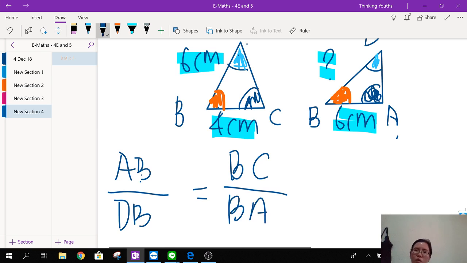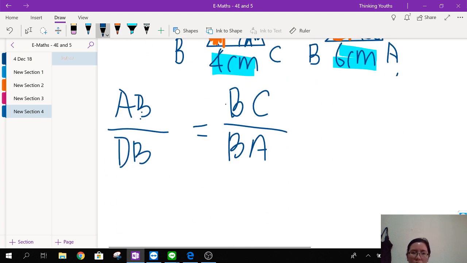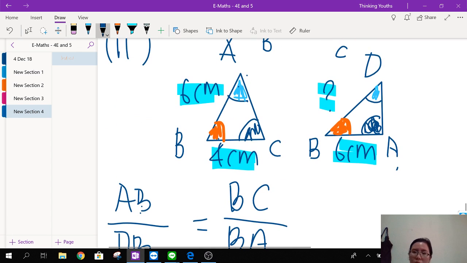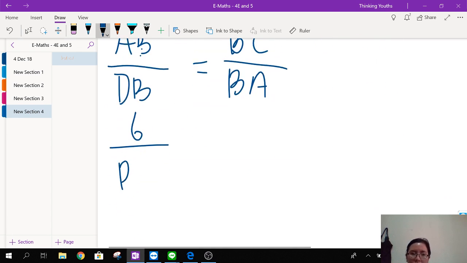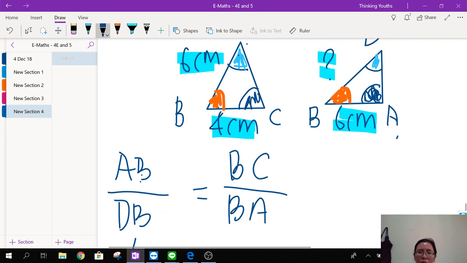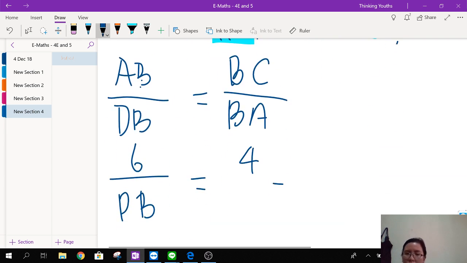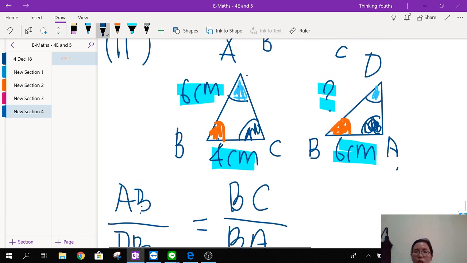Okay, now we already write out the side of small one against the big triangle. So now we can substitute the number in. Okay, 6 over, if this is unknown, you just write DB, which is the side that you want to find. BC is 4 over 6 cm.